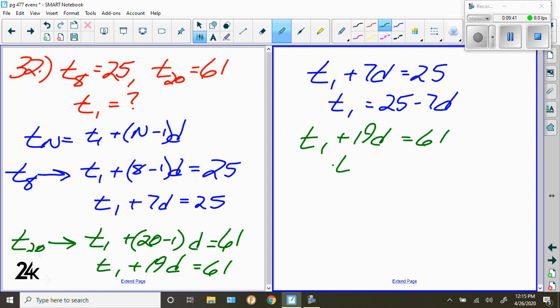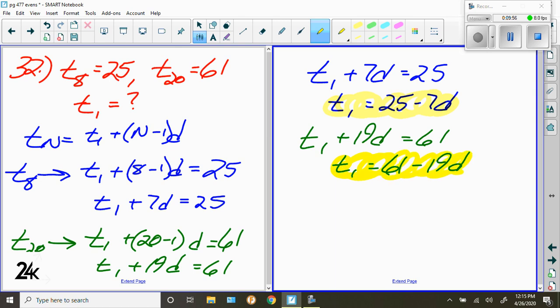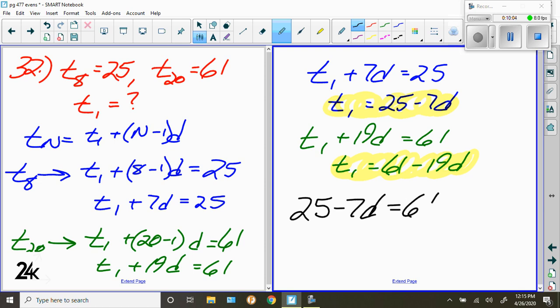So the first term equals 61 minus 19d. And so now I have these two equations that both equal the first term. So you know what to do, set them equal to each other. 25 minus 7d equals 61 minus 19d.